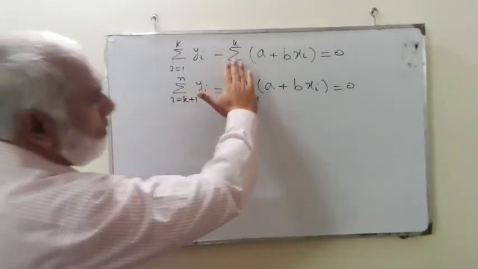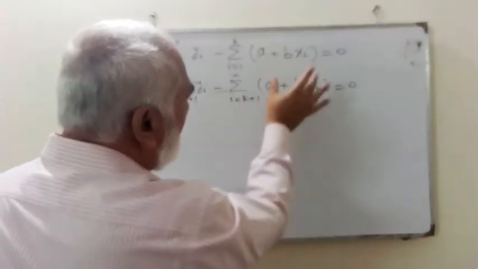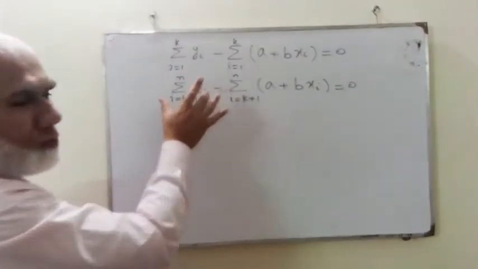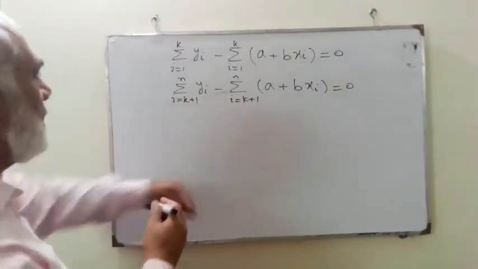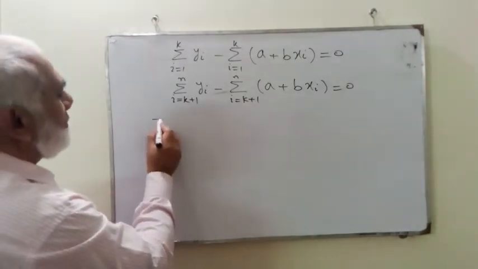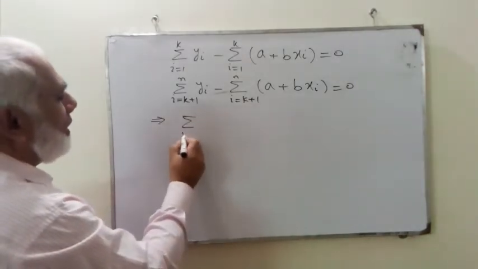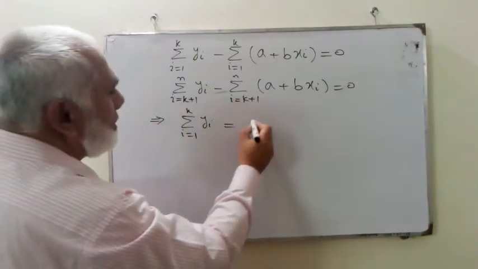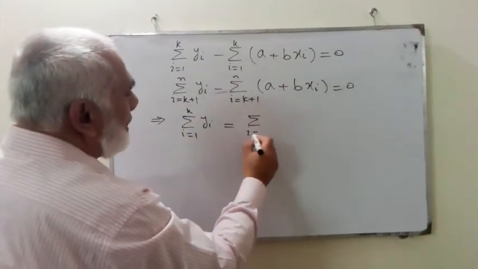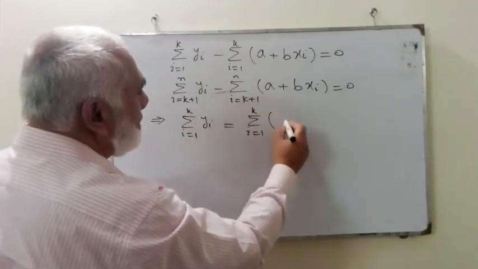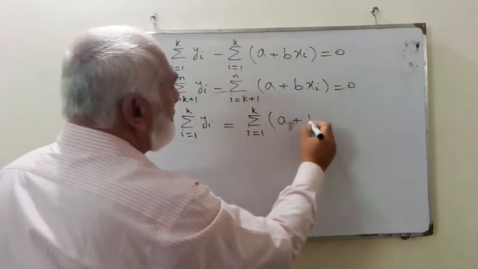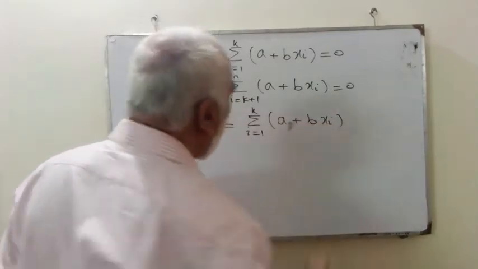if I shift these two parts to the right side and keep these two parts on the left side. So here we get the next result of the form sigma i equals 1 to k of yi is equal to sigma i equals 1 to k of (a plus b times xi).